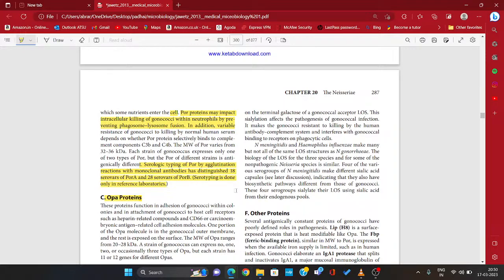Four of the various serogroups of Neisseria meningitidis make different sialic acid capsules, indicating that they also have biosynthetic pathways different from those of gonococci. These four serogroups sialylate their LOS using sialic acid from their endogenous pools.